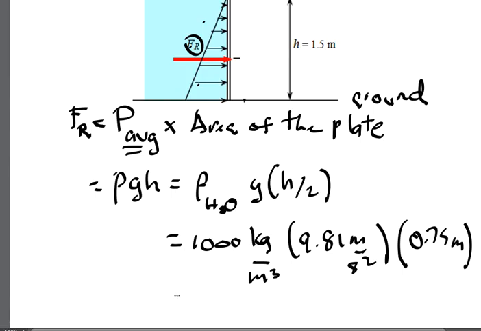And that will give your P average at 7375 Newton per meter square, or Pascal.